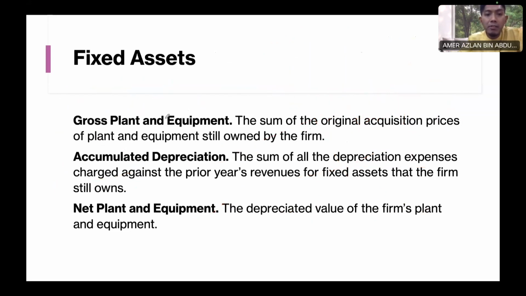Another example in regards to plant and equipment. Let's say you have a machine, an oven, which you use to produce your cakes. And this oven, initially you bought it at $100,000. This is what we call the gross value.